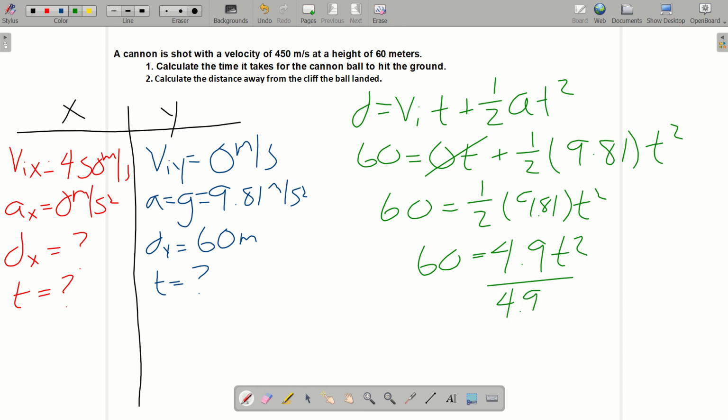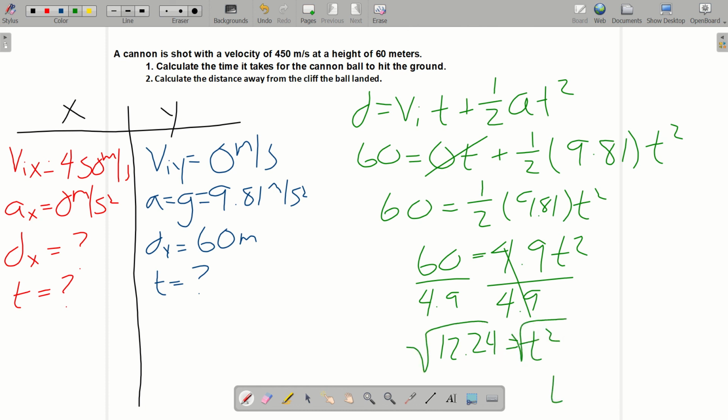Divide by 4.9. So we have 60 divided by 4.9 is 12.24 is equal to t squared.